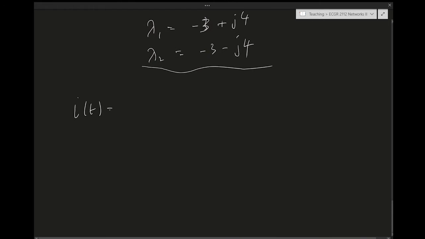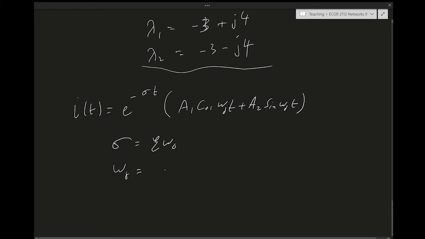I of t is going to be e to the minus sigma t, just plugging in, writing down the equation, A1 cosine omega d t plus A2 sine omega d t, where sigma is zeta omega naught, and omega d is just omega naught square root 1 minus zeta squared.